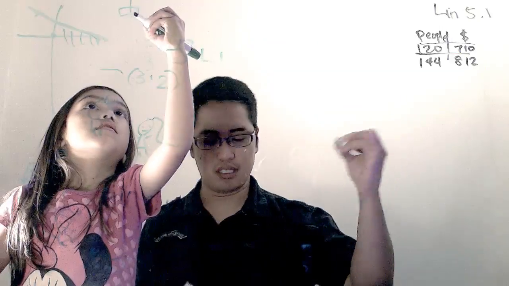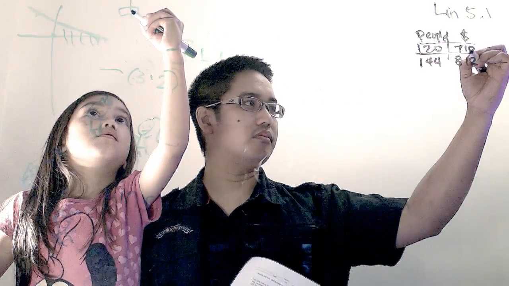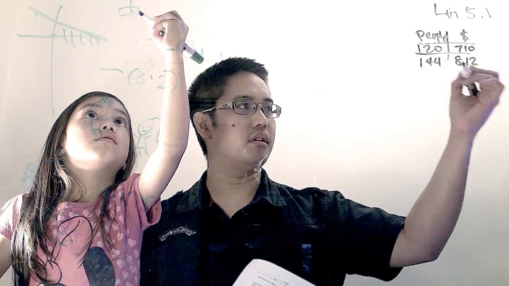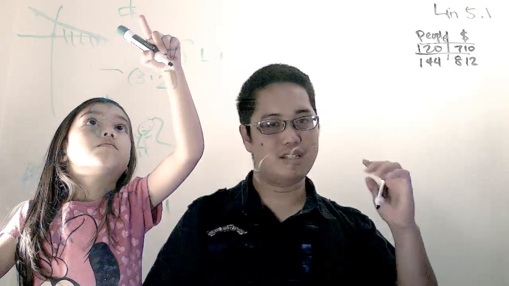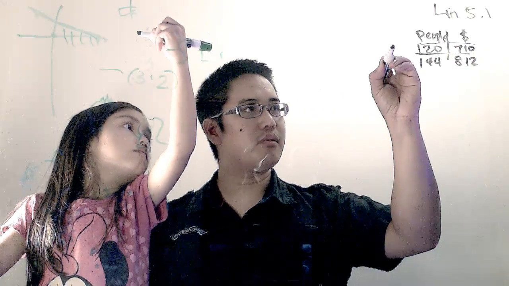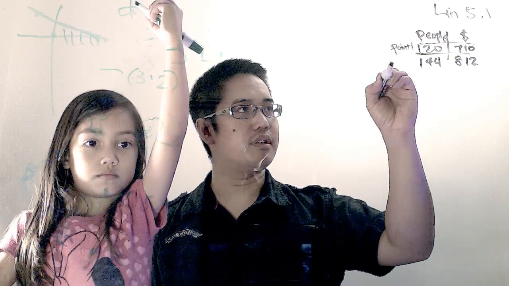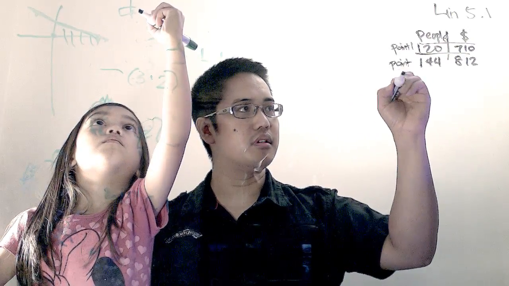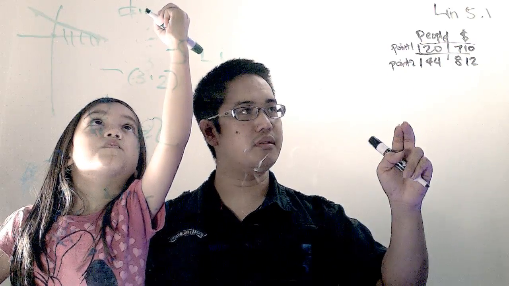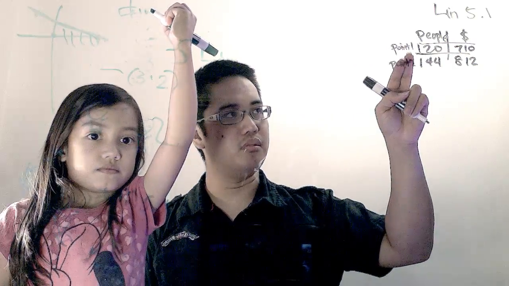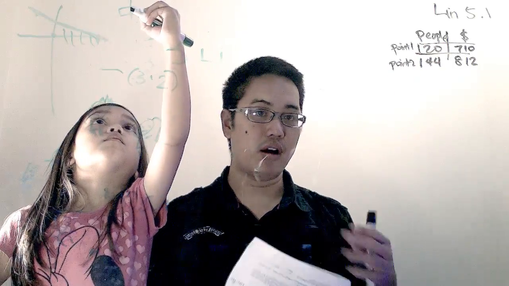If I wanted to find the slope of that, I would simply do y2 minus y1 over x2 minus x1. See, here's the point: it doesn't matter whether you call this point 1 and this point 2, or this point 2 and this point 1. It's still going to end up being the same when you calculate out the slope.